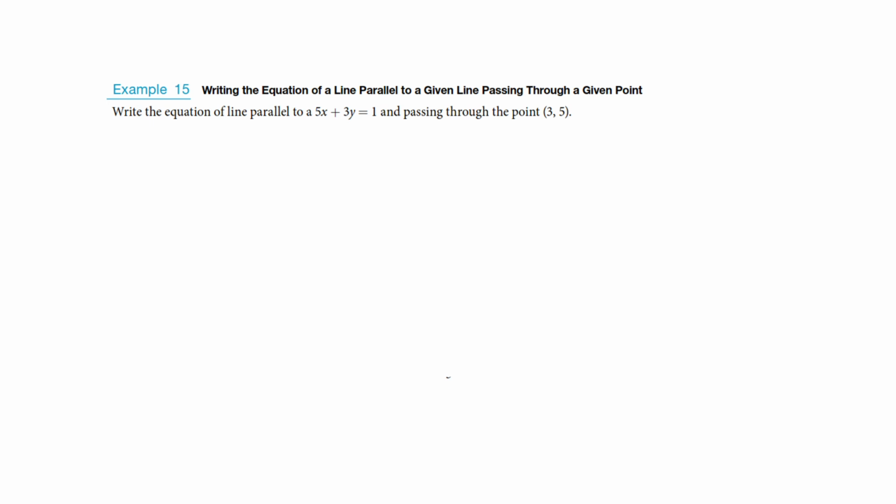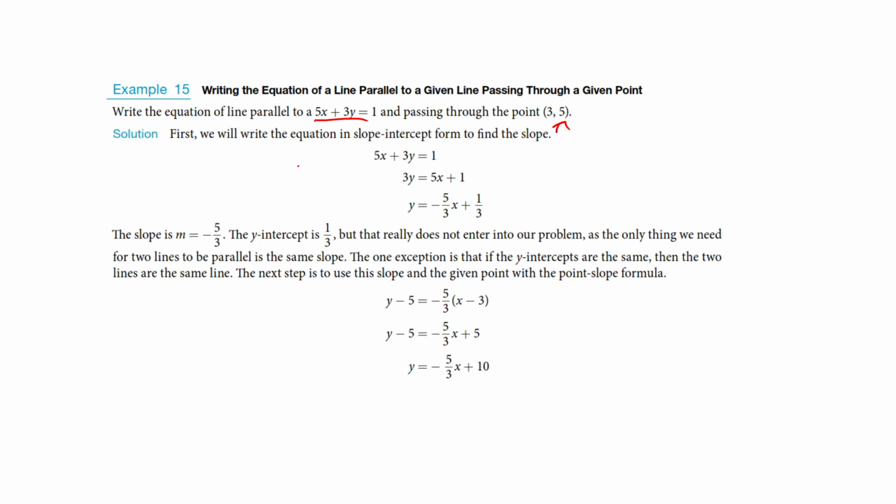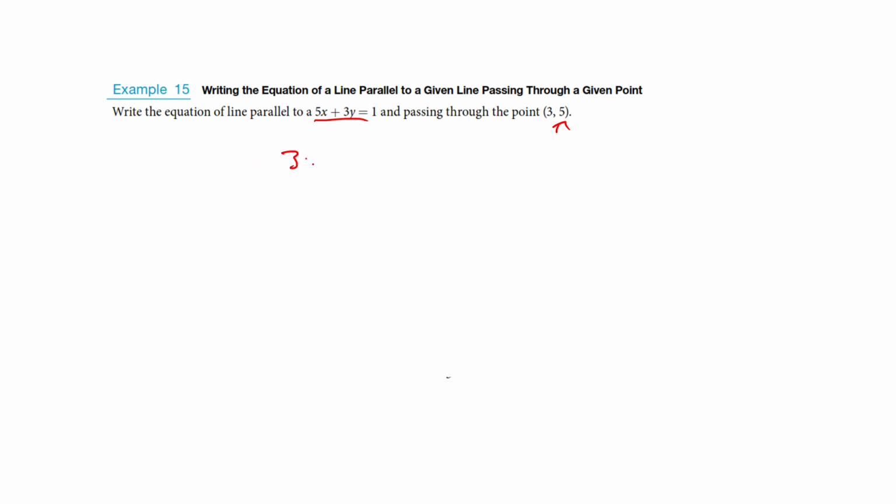Okay, so now they've given us a line, and they're saying, hey, I don't want this line. I just want a line parallel to it. And our line is going to go through this point right here. Okay, well, what would we do? Well, what we want to do is we want to take the slope from the line they gave us.